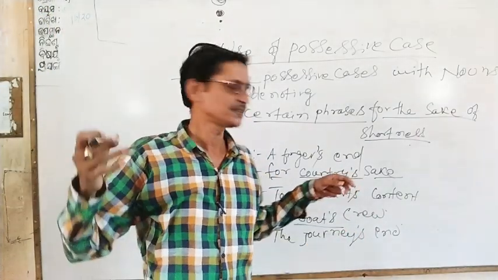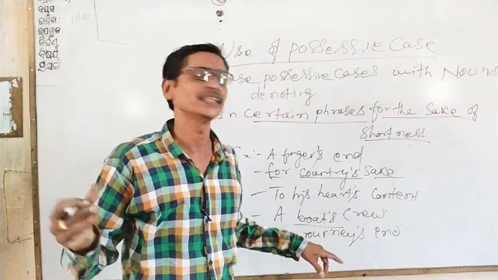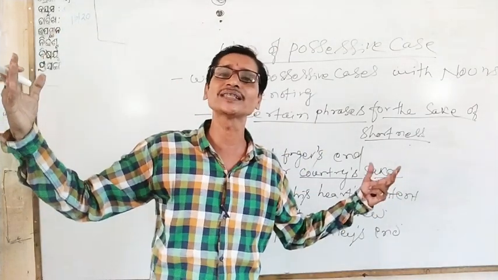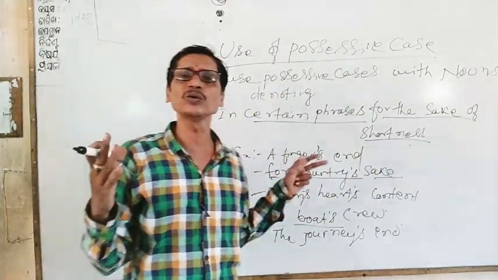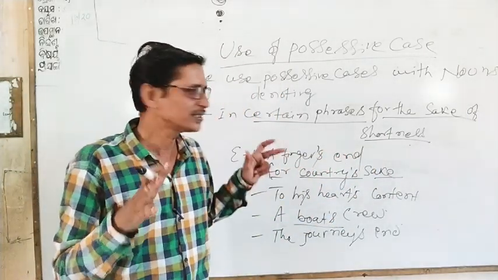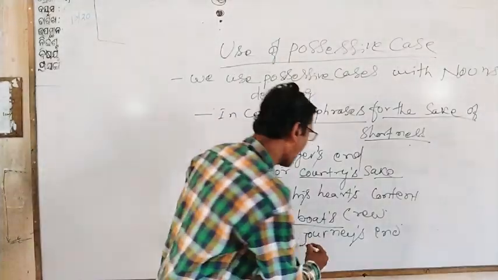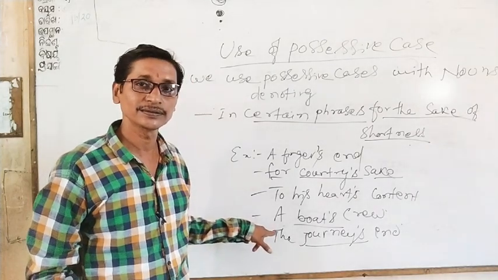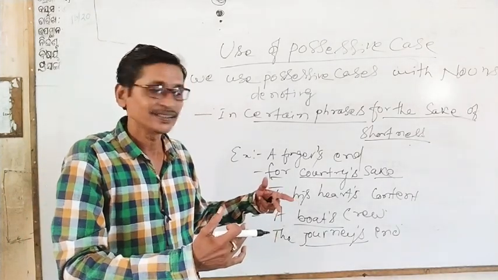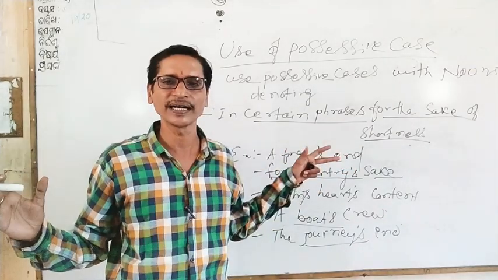Journey's end, 2 words, instead of end of the journey, 4 words. That means we are using more words when we are explaining that in a normal statement, but here we want to make it a shortcut. Therefore, we use the possessive case with this noun because it is implied to make it short instead of writing a long statement.